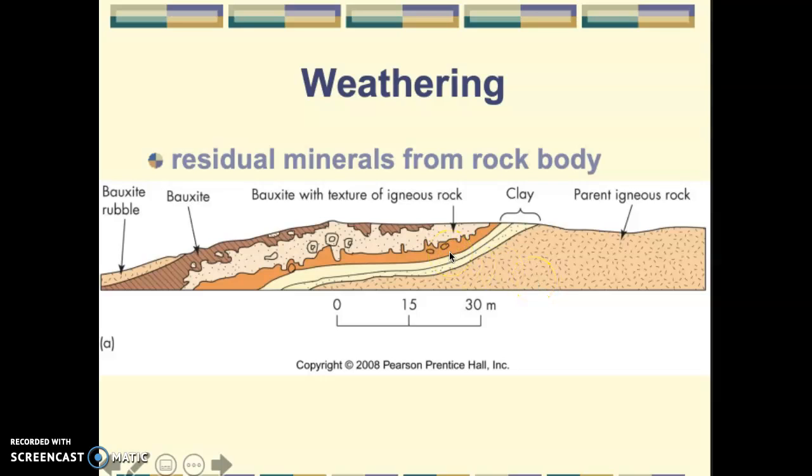One of the elements that doesn't dissolve easily is aluminum, and so it is left behind. So over time, as more and more elements are removed, the concentration of aluminum goes up because it's sticking around. And eventually you get a deposit that we refer to as bauxite, which is aluminum oxide. That's one of our most important aluminum ores.